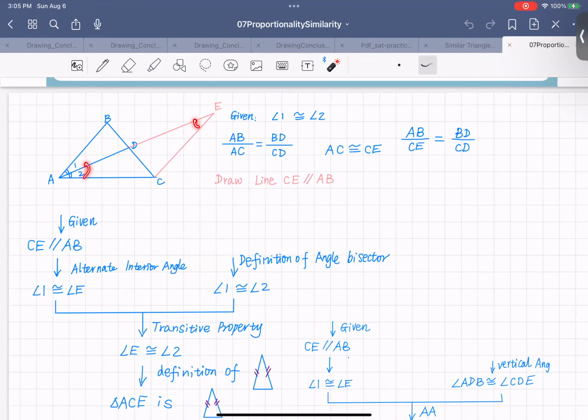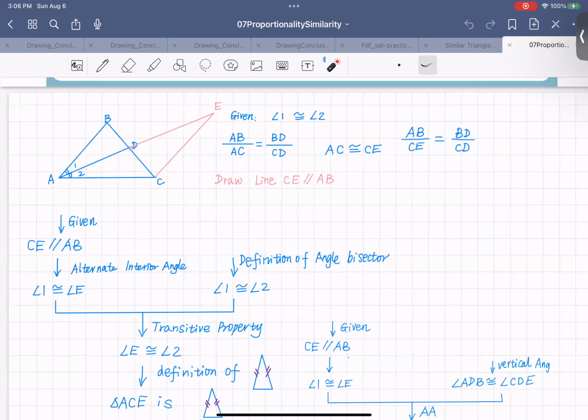If these two angles are congruent, remember, in your 6th grade you might have learned something about the isosceles triangle. The definition of an isosceles triangle is that the two base angles are equal, right? So if these two base angles are equal, this is an isosceles triangle.